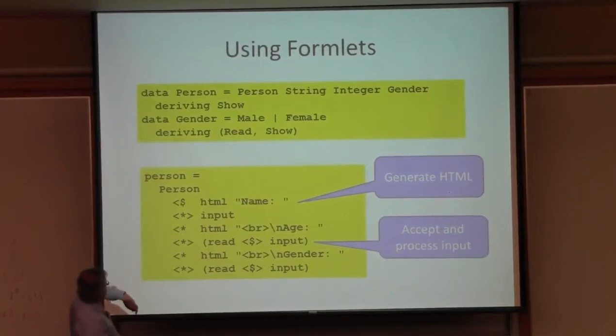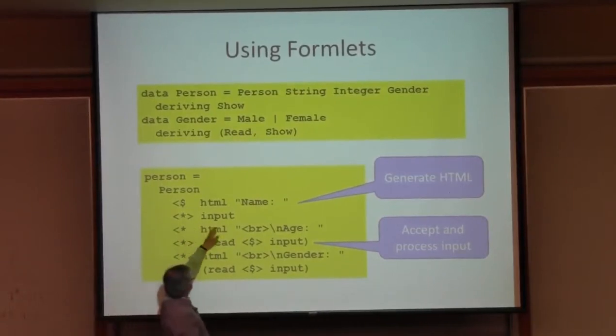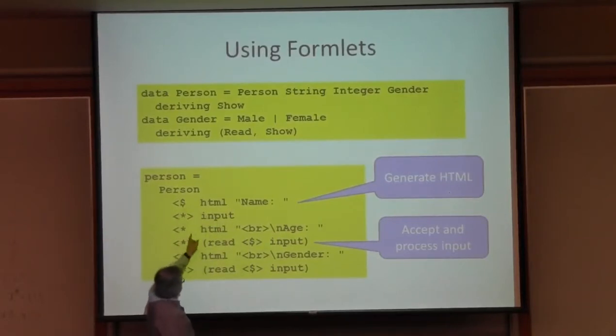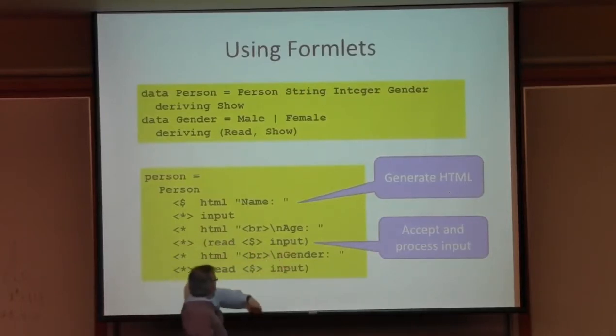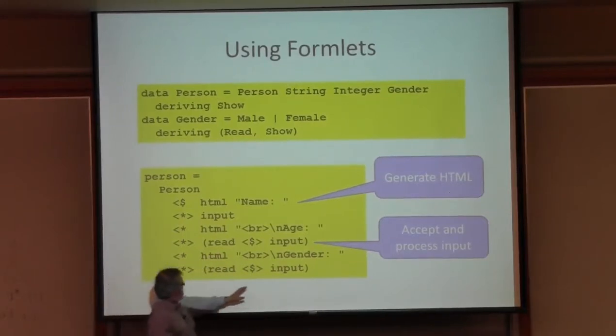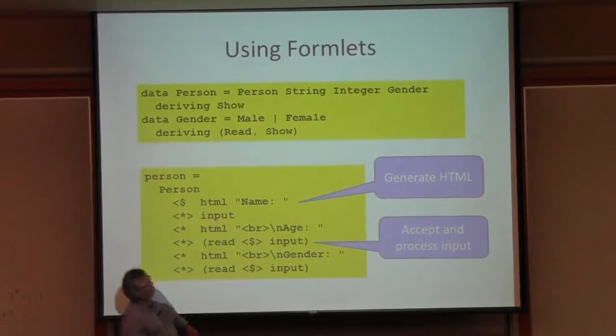A person is just going to apply the person function, discard the result of simply generating some text, then consume an input field. That's going to be the first argument of the person constructor, and then discard the result of some more text, and then consume another input field and apply Haskell's read function to convert it from a string to an integer. That's the age field, and then discard the result of some more text, and then consume another input field and convert it, in this case, to a gender.